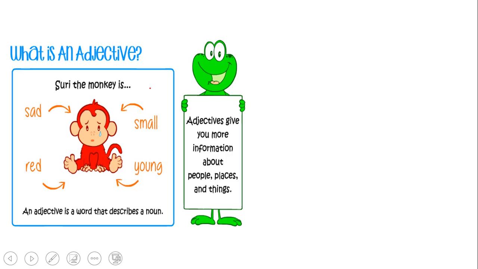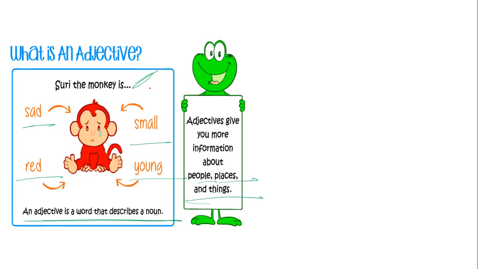Okay. So what is an adjective? Now as you can see here: Suri, the monkey, is sad, small, red, young. So an adjective is a word that describes a noun. It adds something to the meaning of a noun or a pronoun. So adjectives give you more information about people, places and things.